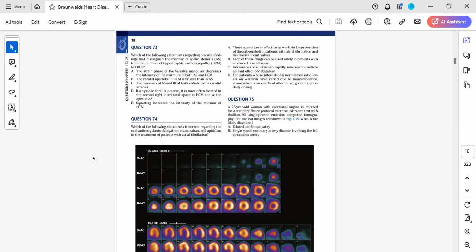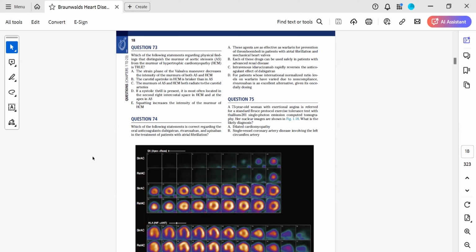False. B. Each of these drugs can be used safely in patients with advanced renal disease.